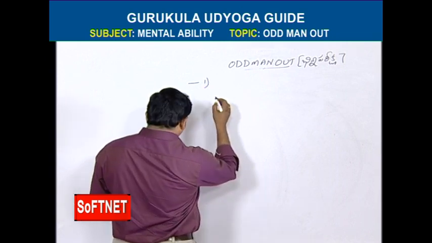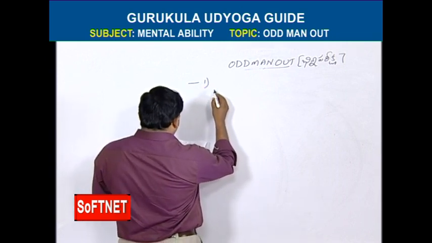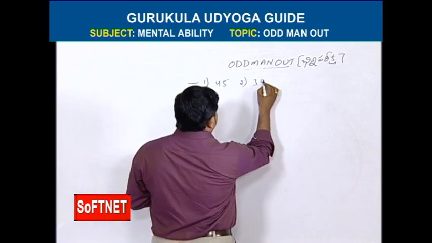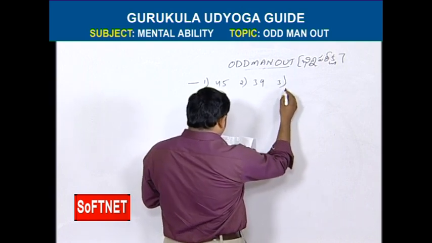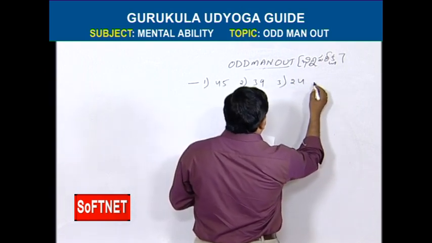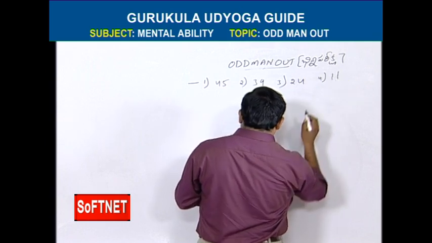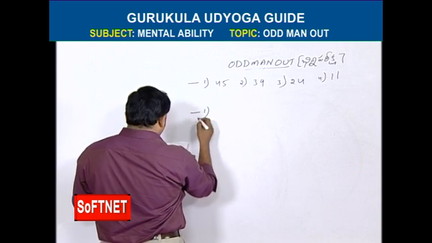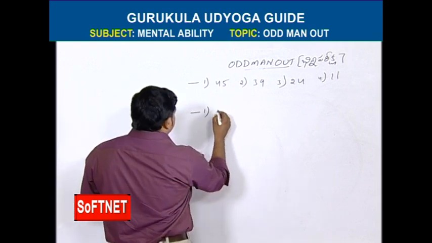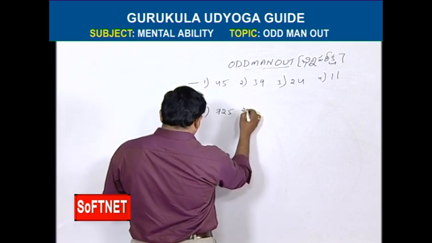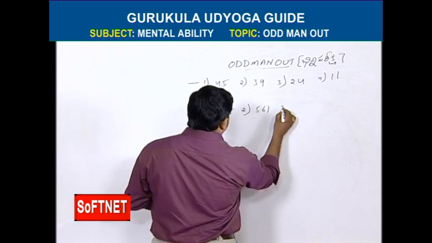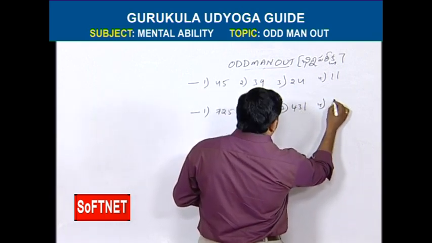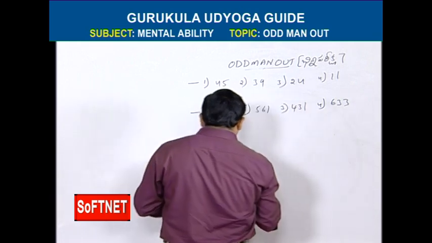The next question goes like this. First option is 45, second option is 39, third option is 24, whereas fourth option is 11. Now the next question: first option is 725, second option is 561, third option is 431, fourth option is 633.